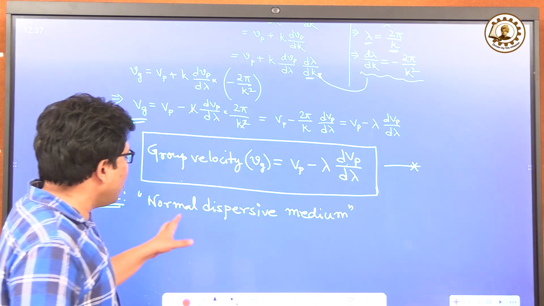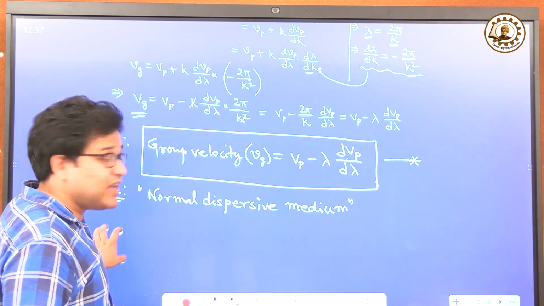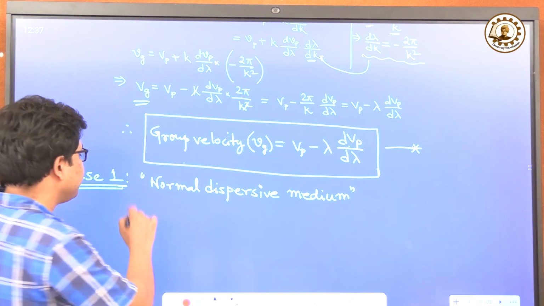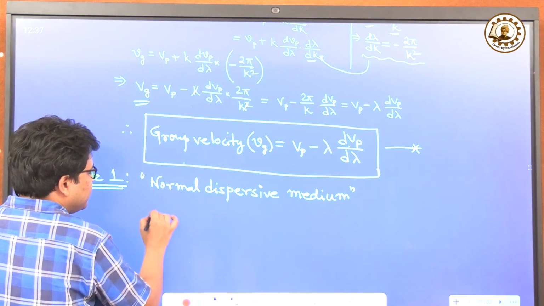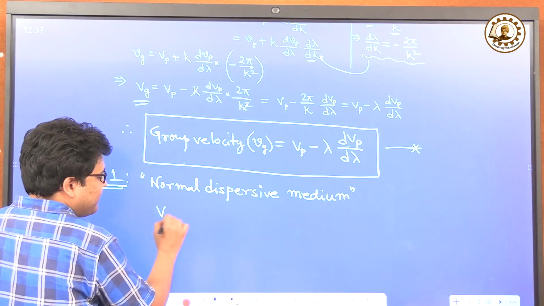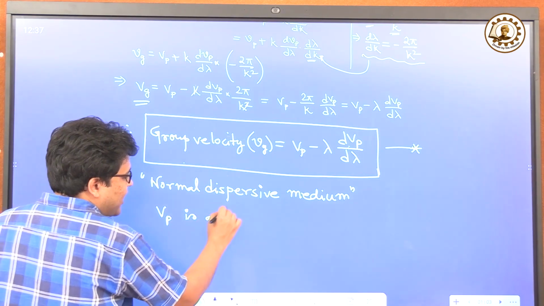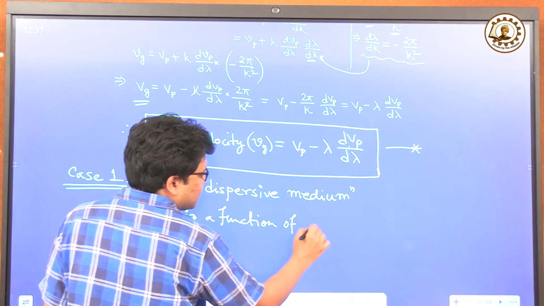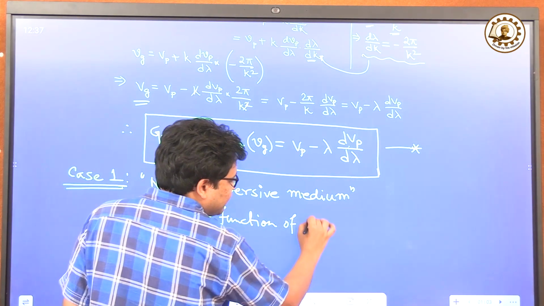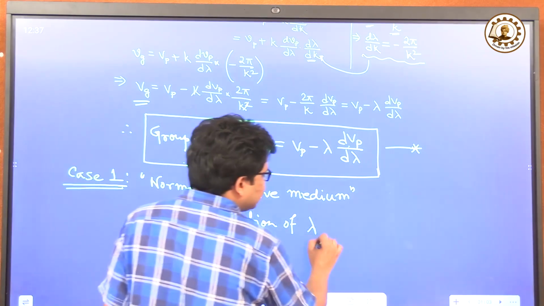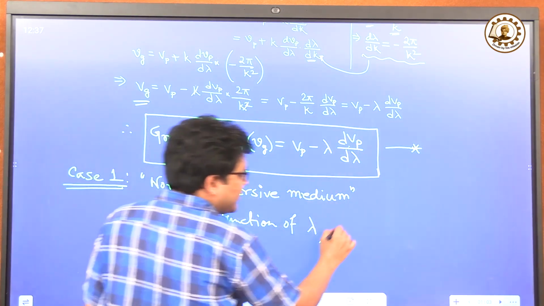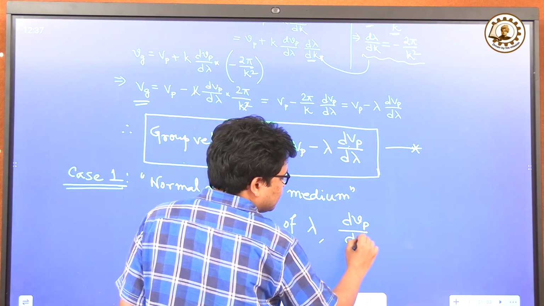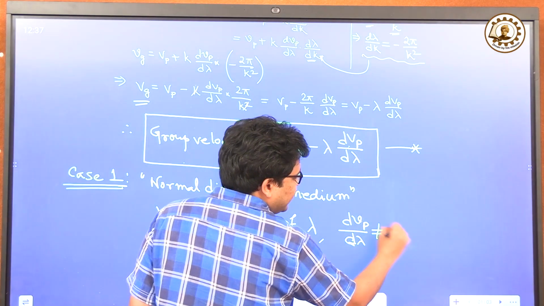That means in a normal dispersive medium, phase velocity becomes a function of wavelength, that means a function of lambda. That means this term dVp by d lambda is obviously non-zero.